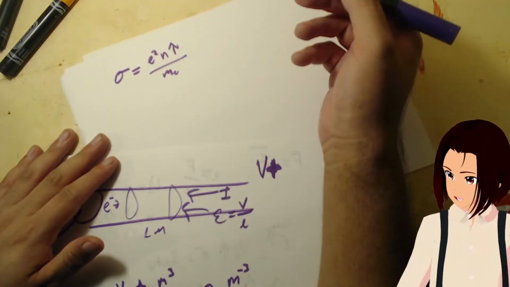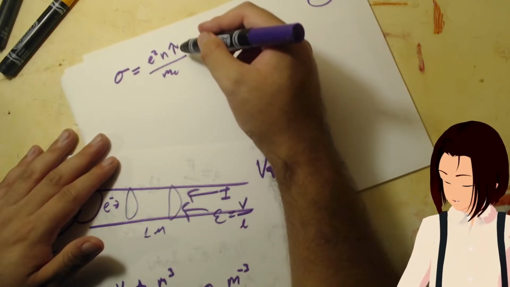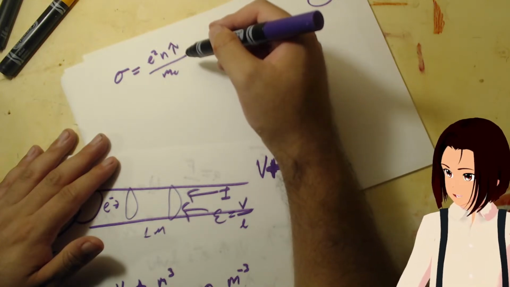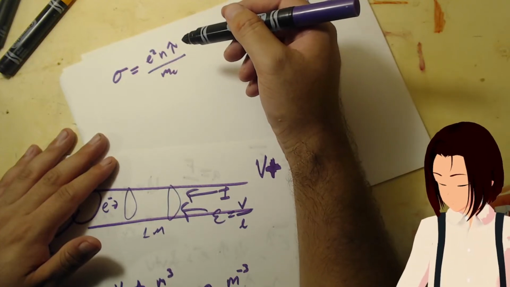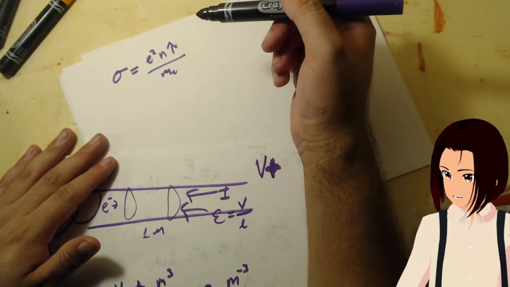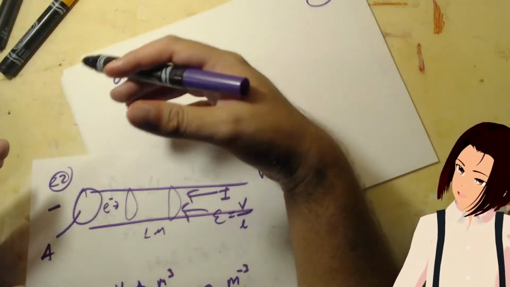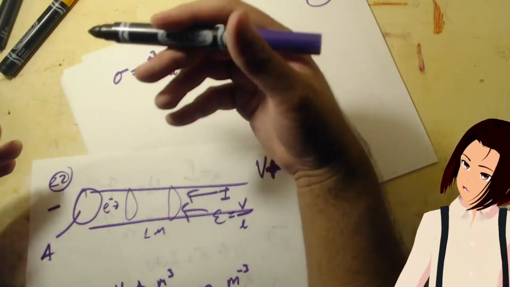One thing is that tau is influenced by the temperature of the substance. If the heat goes up, well, this goes up too. When the heat goes up, are they colliding more? Does the time between collisions go up or down? Whichever way.